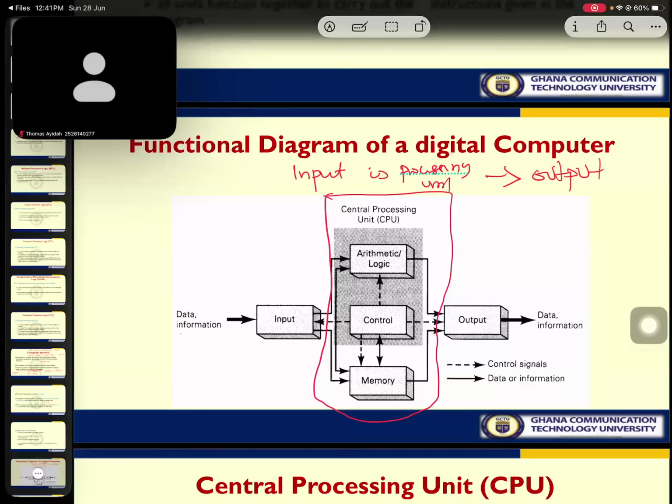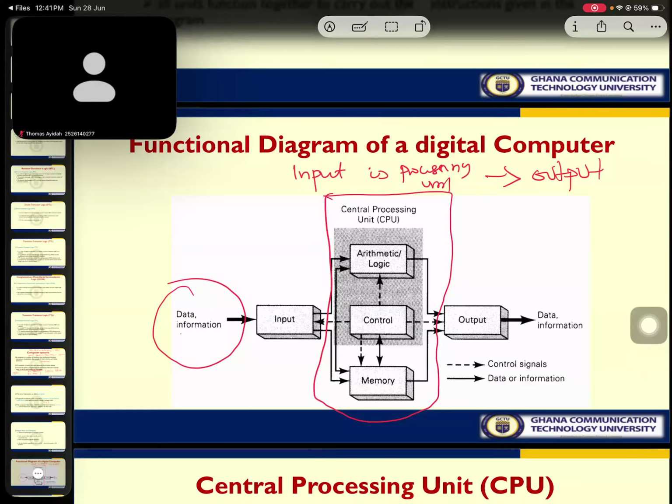Very simple. Now the input block that we are seeing there receives the data or the instructions from outside the computer. So that is your keyboard, your mouse, your scanner, your microphone, your touchscreen, your sensors. These are the input. So the input unit is the part of the computer that accepts the data and the instructions from the user.